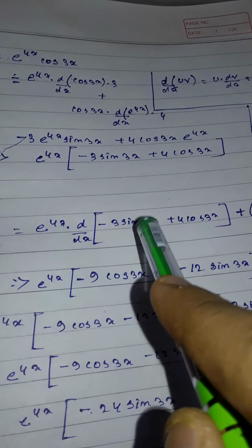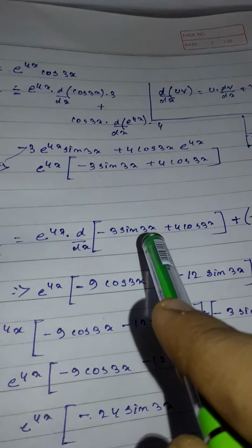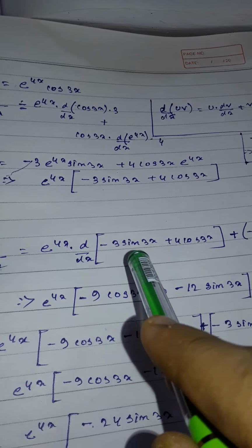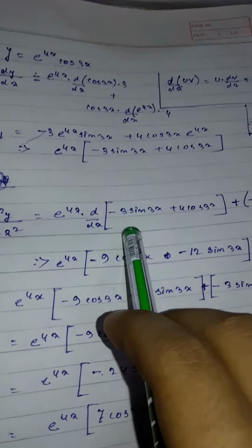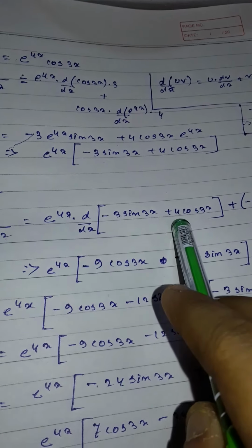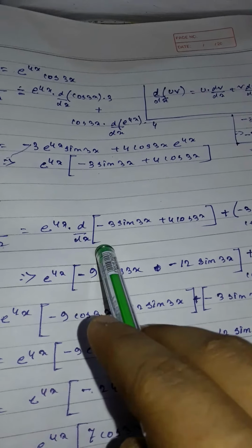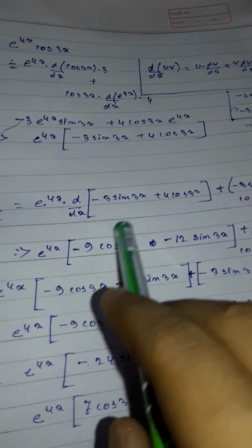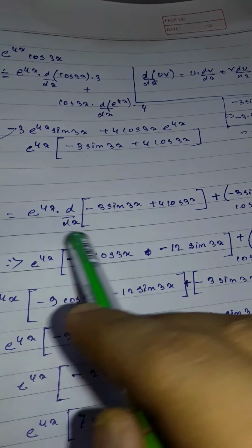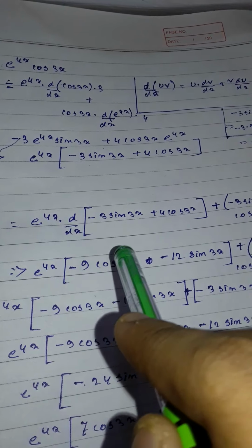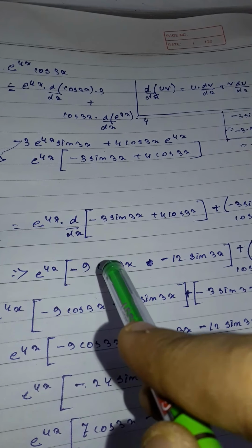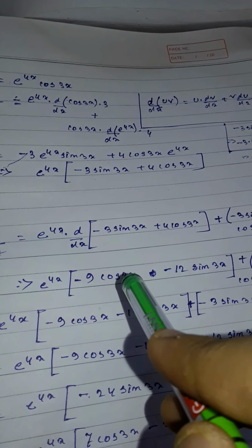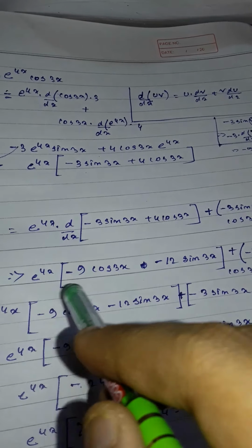Please check whether the formula is applicable for the inner term. Here it is applicable. I have written the direct answer first, but please don't do this in the examination. You have to show the steps, otherwise you will not get full marks.